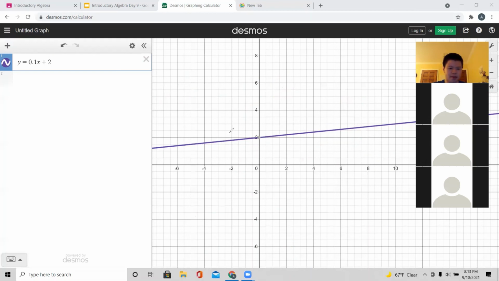So now we should talk about functions. So what a function essentially is, is a mathematical something that turns one number into another number.